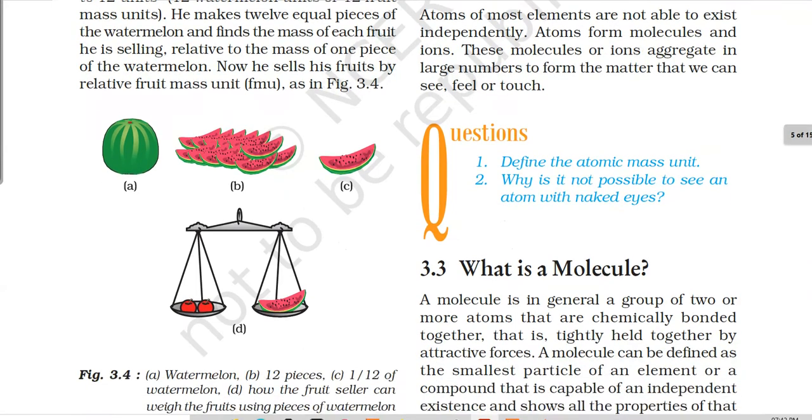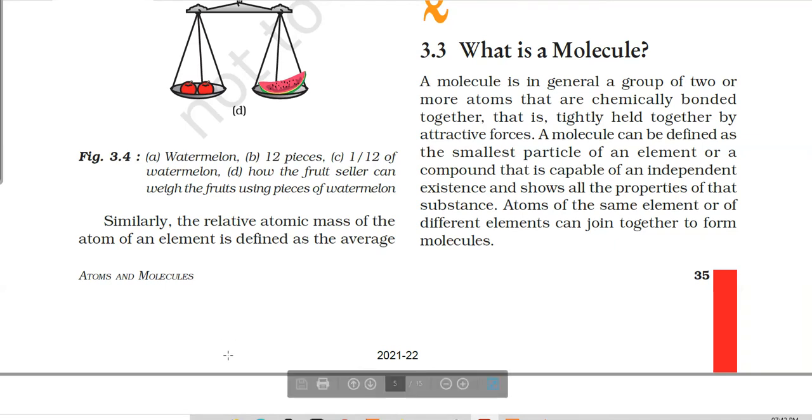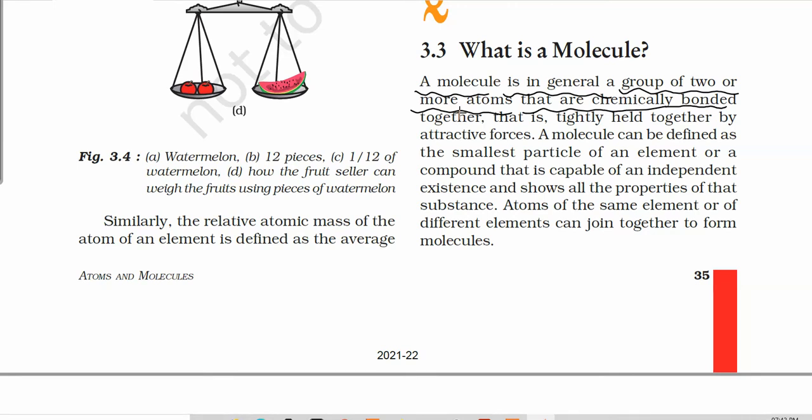Now, as we have talked about how atoms exist in nature: atoms exist in the form of molecules or in the form of ions which are aggregated with each other. So the question arises, what is a molecule? A molecule is in general a group of one or more atoms that are chemically bonded with each other, tightly held together by attractive forces.